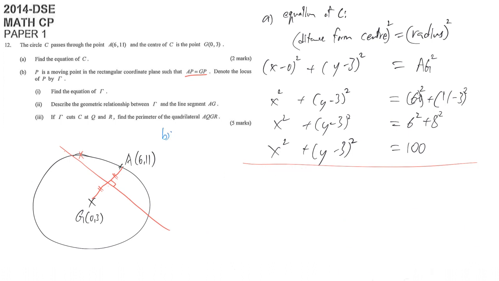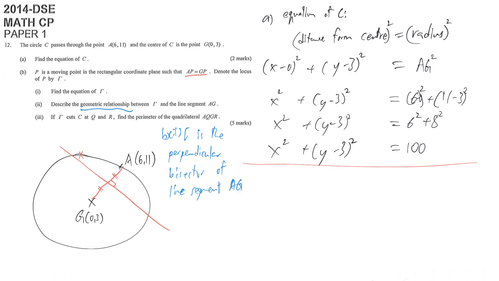And then in part B2, they just describe the geometric relation. If you have had enough practice before, then you should know that this one is a perpendicular bisector. The line L is the perpendicular bisector of line segment AG.